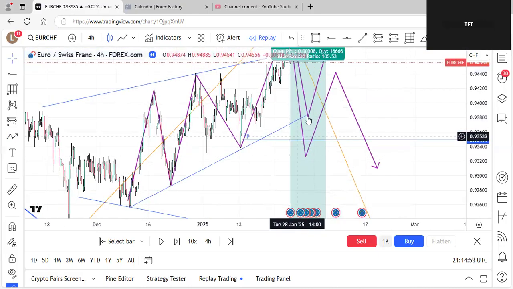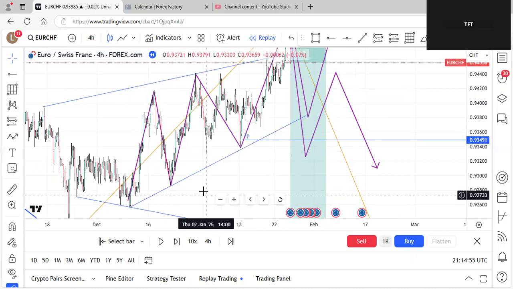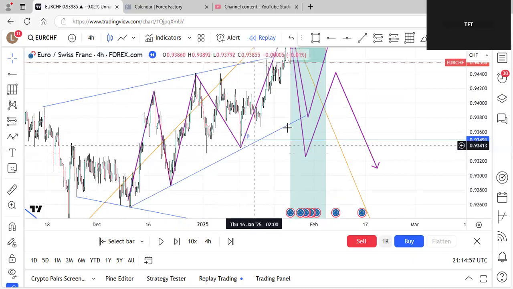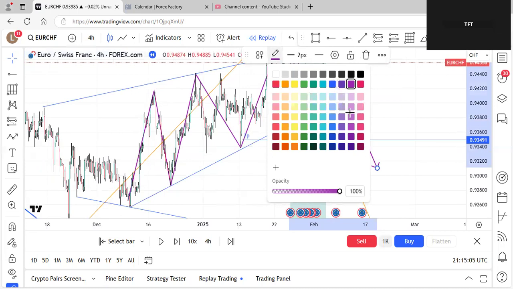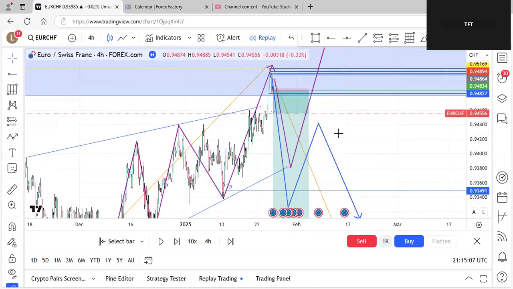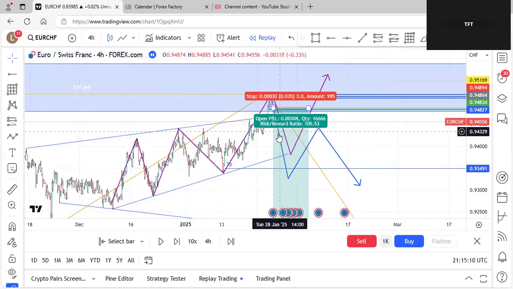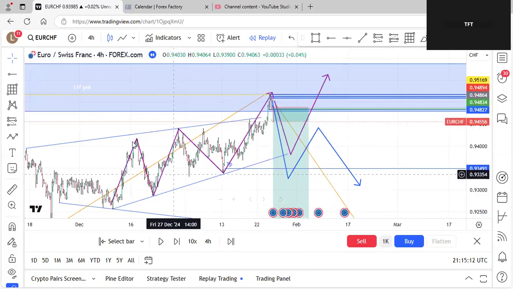Like I say, to take trend lines and things like that, depending on what it creates on its way. But it all depends on if it breaks these structure points. I'll turn that one blue. So they're the sort of two possibilities on the 15-minute time frame structure.